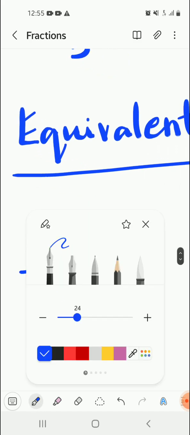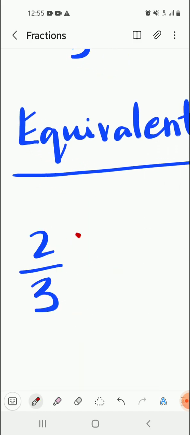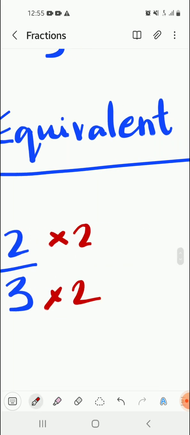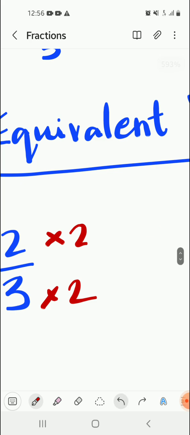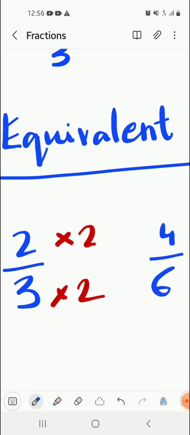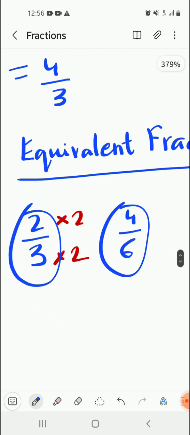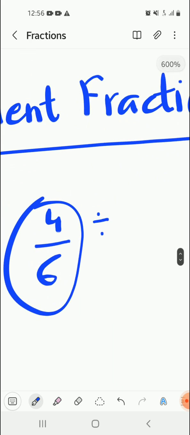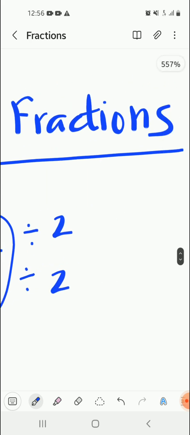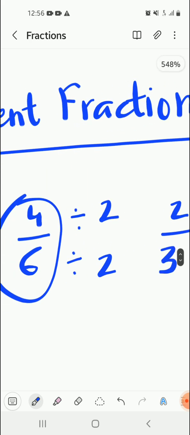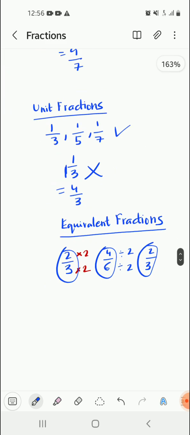If we multiply both of these with the same number, that is 2 in the numerator and 2 in the denominator as well, what we get after multiplication is 2 into 2, 4, and 3 into 2, 6. So 2 by 3 and 4 by 6 both become equivalent fractions because it is actually the same thing. If we divide again 4 with 2 and 6 with 2, we get again 2 by 3, the fraction that we had started off with. So that is why these are known as equivalent fractions.